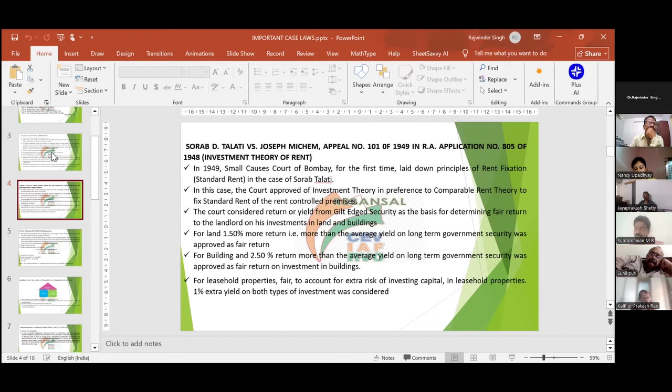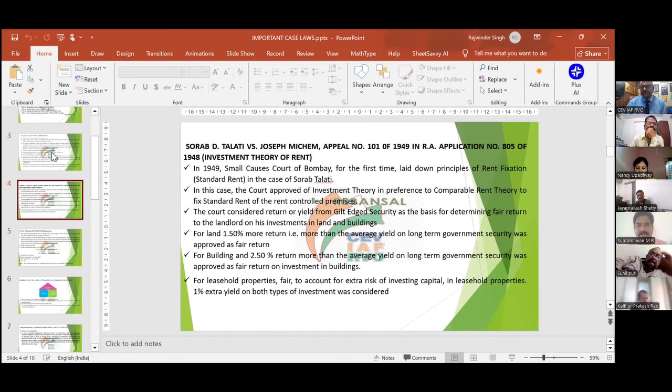So in case of leasehold property, for land it will be 2.5% higher than gilt as security and for building 3.5% higher than gilt as security. Means for land it will be 8.5% and for building it will be 9.5% return, on which you will be calculating the capitalized value of the property.